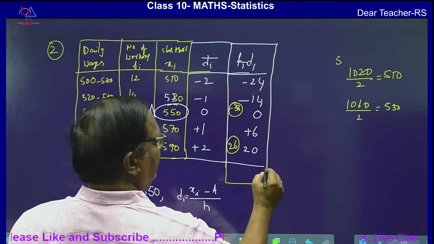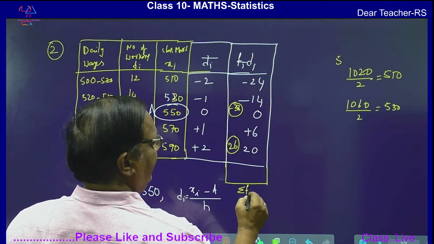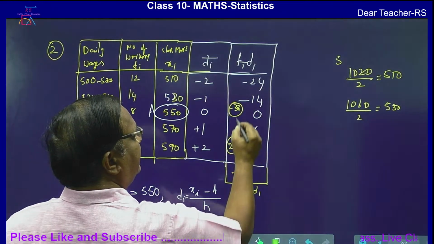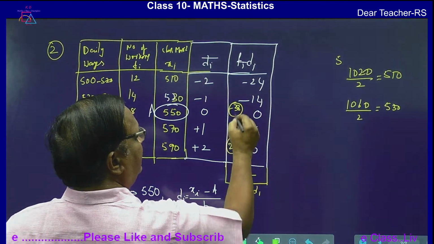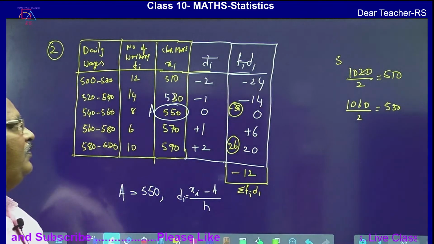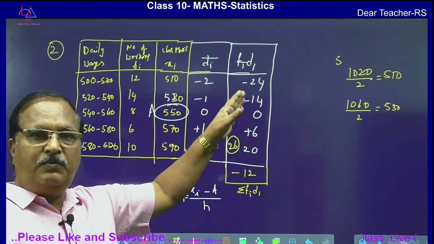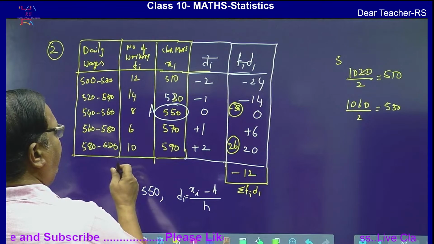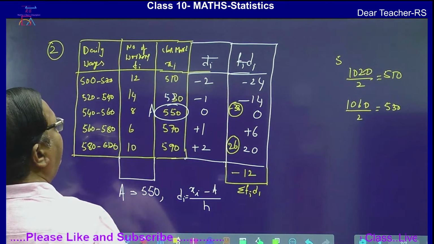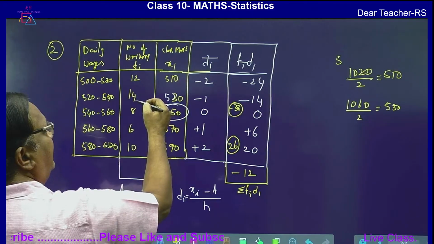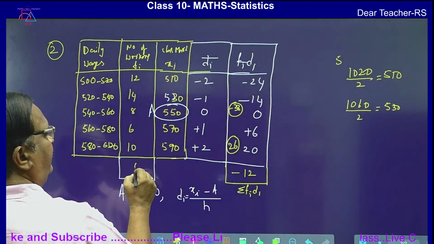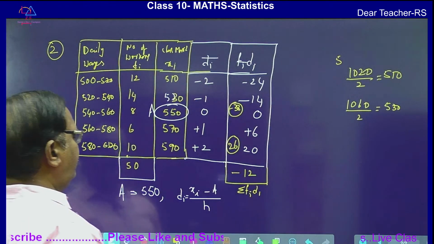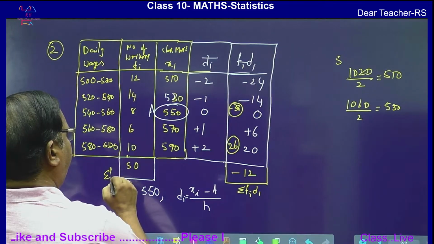We need the total sigma Fi di. So minus 38 plus 26 is minus 12. You have to be careful about the signs. Now here also you have to find out sigma fi: 12, 26, 34, 40, 50, so sigma fi is 50.